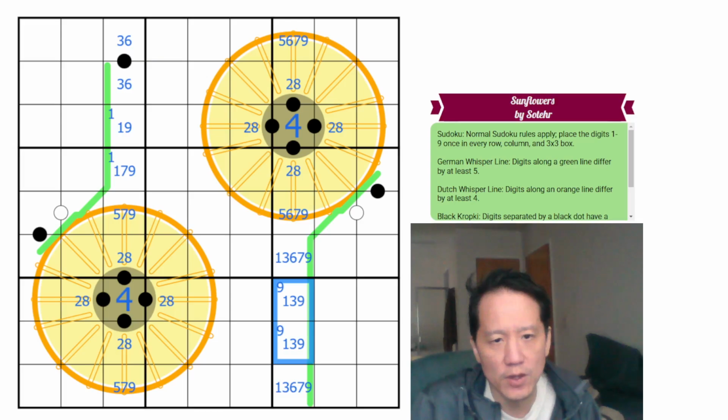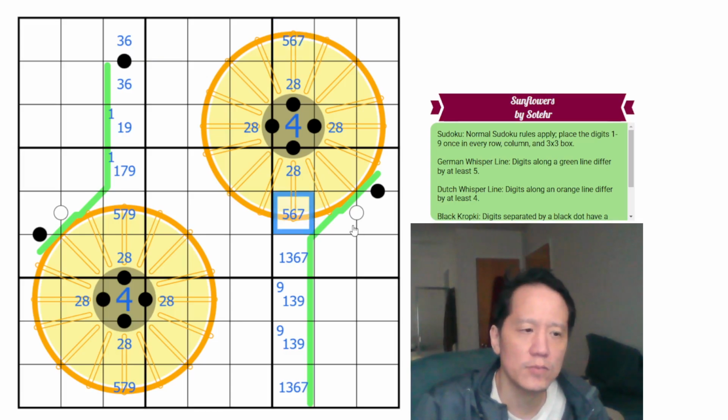cells. Which means 9 cannot be in the rest of the column, so this cannot be 9 here, this can't be 9 here, and these can't be 9. Therefore, this is 5, 6, or 7, and this is 5, 6, or 7. Now, 4, 5, 7, and 9, or 5, 6, and 7.